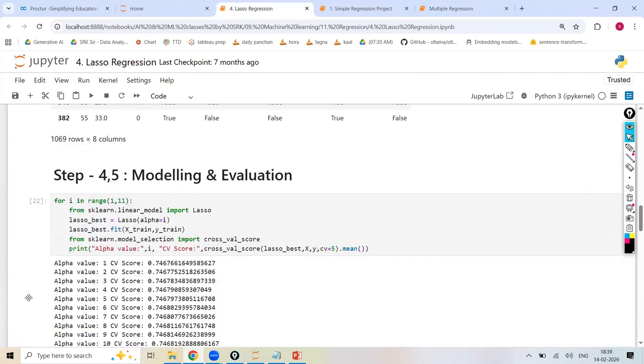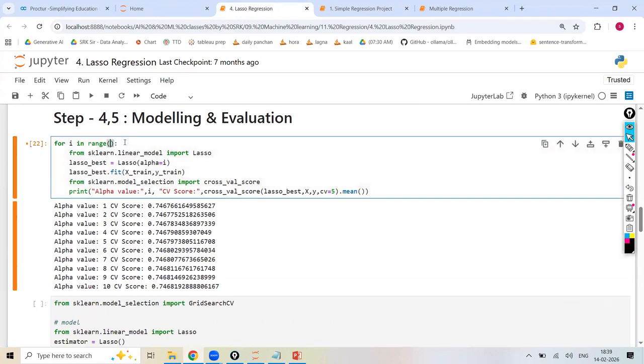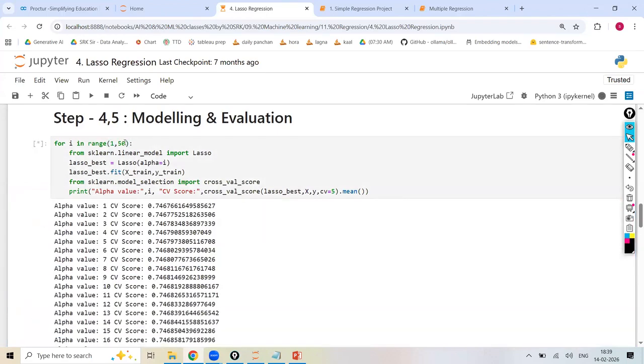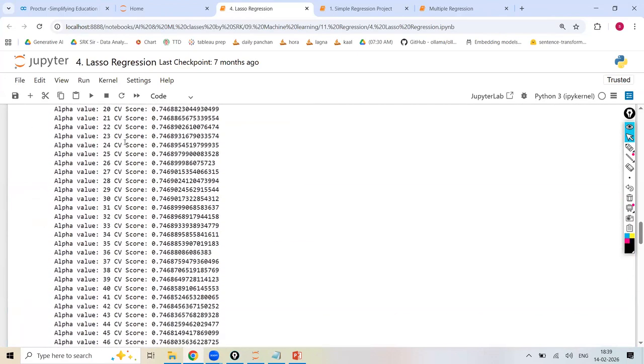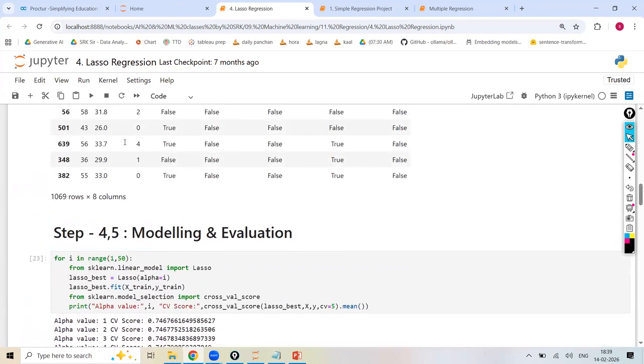Let us cross check once. Now, can you see here? 0.7467, 0.7468. At least can you see the difference? Something like this. 0.7467 up to the first two decimals is almost the same only now.